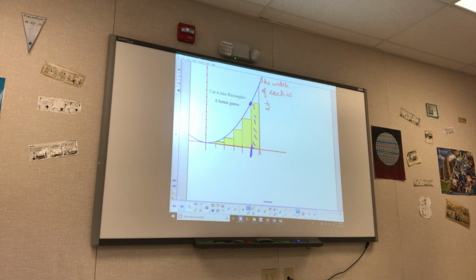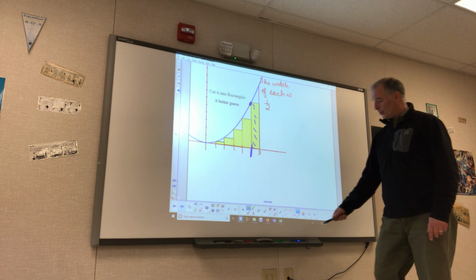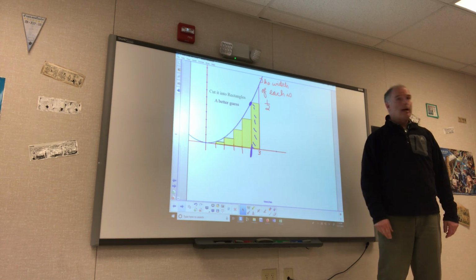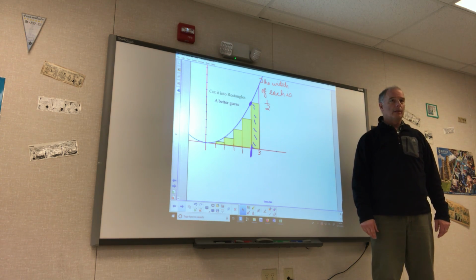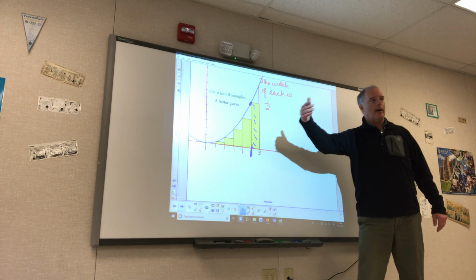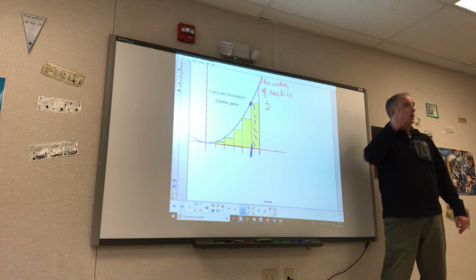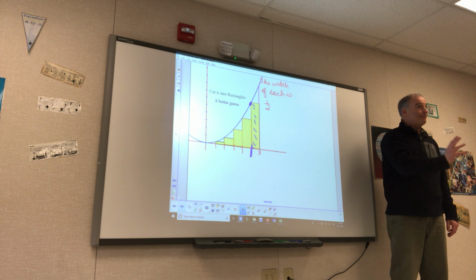So I don't use 3 in this calculation. Even though I'm going 0 to 3, I don't use 3. I used 0, that's the left-hand side, then 1/2, 1.5, 2, 2.5, done.